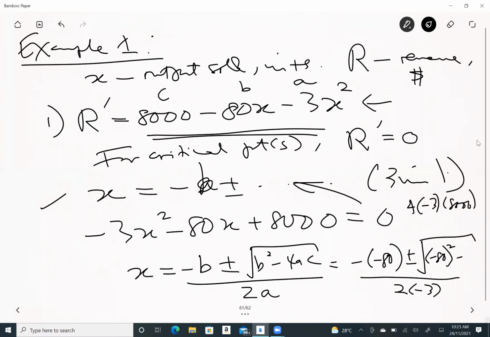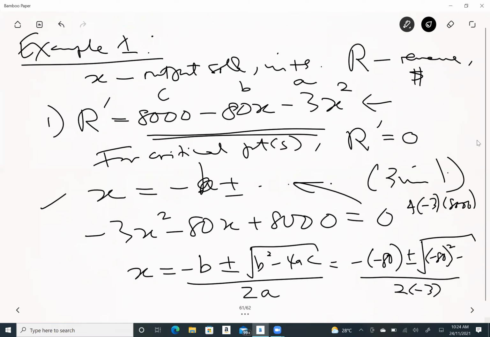Do you have the roots the same as in the book? Or did we get something different? Same? Everybody got the same? Okay, good. So make sure we know this, because we cannot just do it express. If you have to find the roots of a quadratic function, this is the way to go ahead with it.